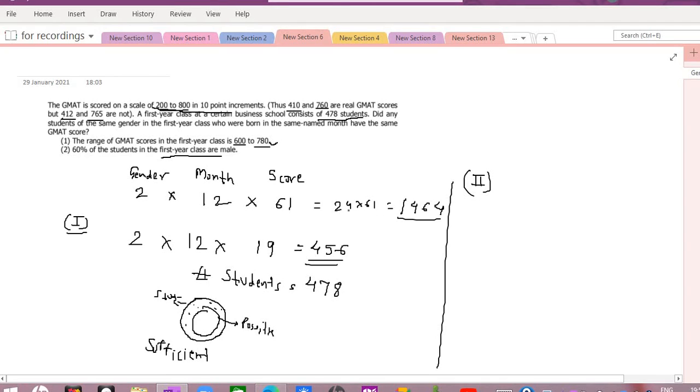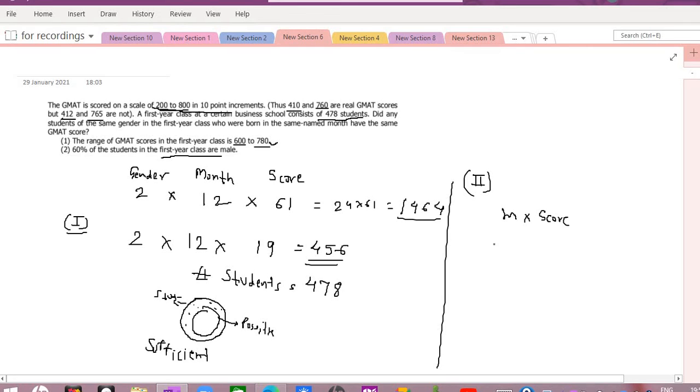Let me be more liberal and assume that all the students are of the same gender. Let me tell you why. Assuming all of them are of the same gender, we are left with 2 categories: month and then score.